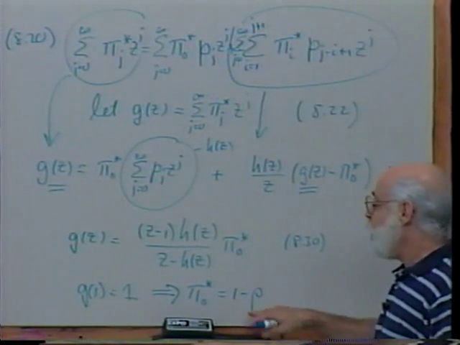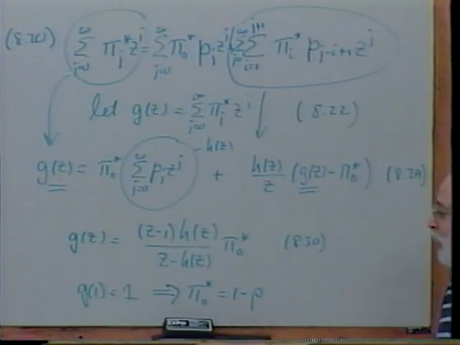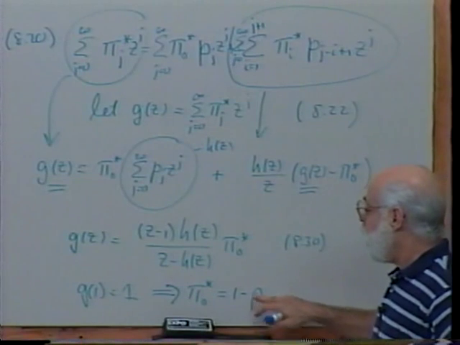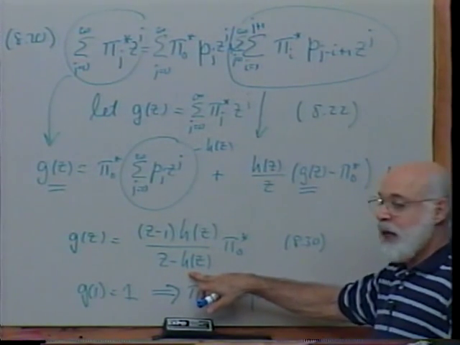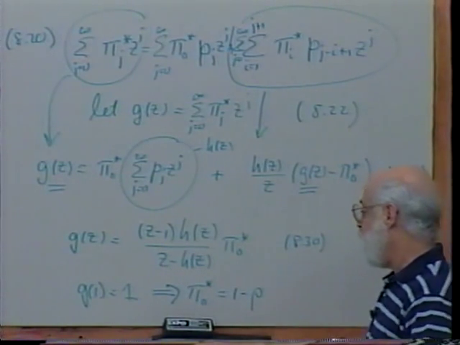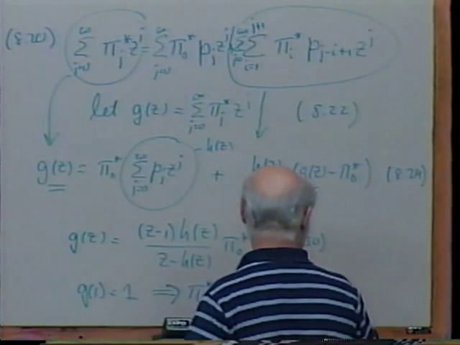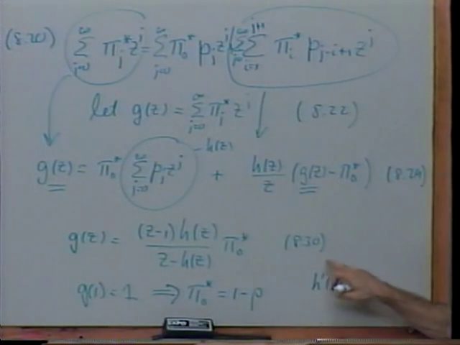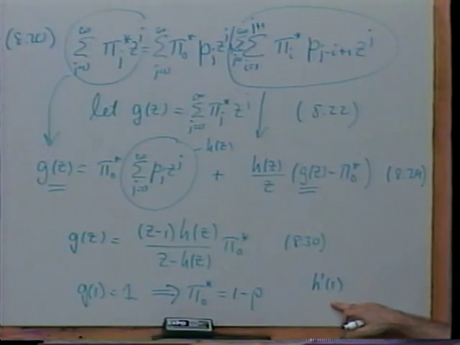OK, but we could do this by simply differentiating. When you differentiate, the way this rho would come about would be that when I differentiate the h and then plug in 1, what would I get for h prime of 1? If I have a generating function and I differentiate it, set the argument equal to 1, then that's equal to the expected value of the random variable that it generates.